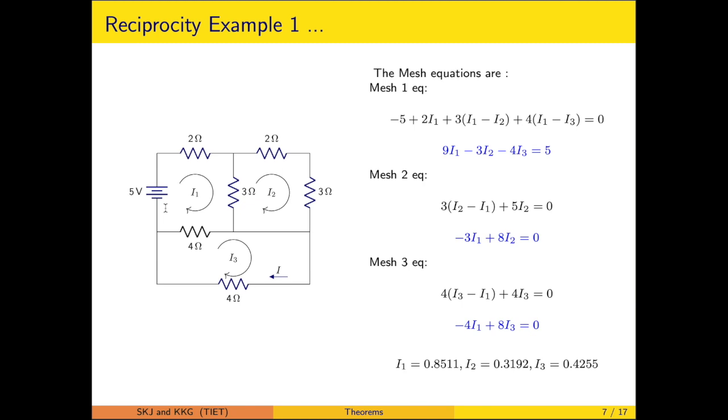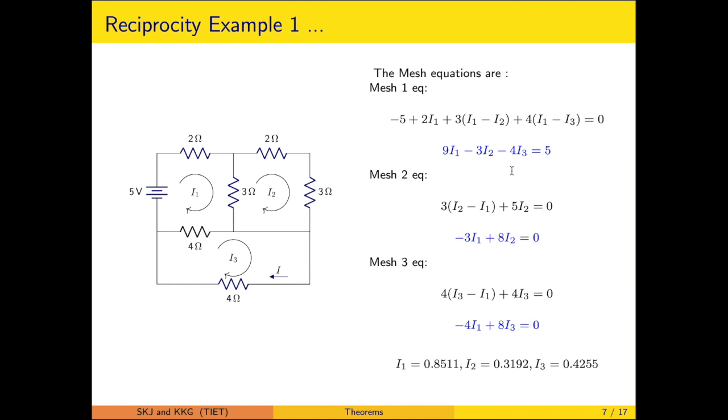So this is a voltage rise, so minus 5 plus 2 into I1 plus 3 into I1 minus I2 plus 4 into I1 minus I3 is equal to 0, constituting the first equation. These are rearranged, and the terms are written with blue marks. Similarly for the other two equations.